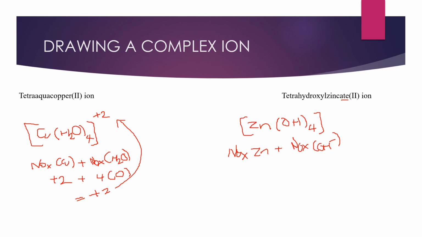So zinc is +2, which is given in the name, plus tetra means 4, hydroxyl charge is -1. Okay, let's work this out. So that will be 2 minus 4. 2 minus 4 will be equal to -2. And that -2 we'll put on top here. So this -2 is actually the charge on the complex ion.